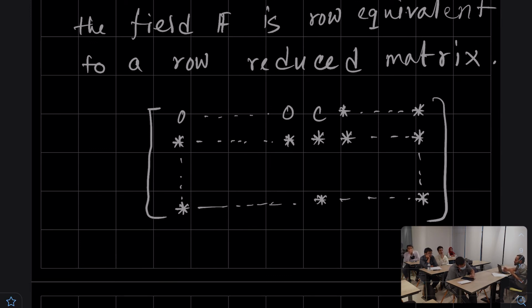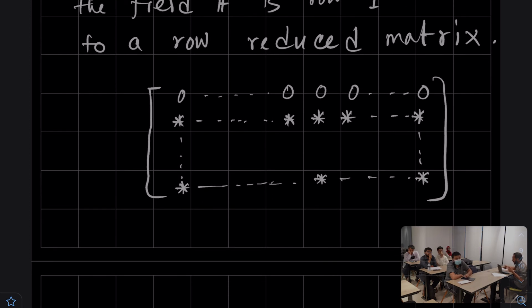So I'm considering this matrix. If this matrix is just like this, zero, then as you can see, it is a 0 row, right?